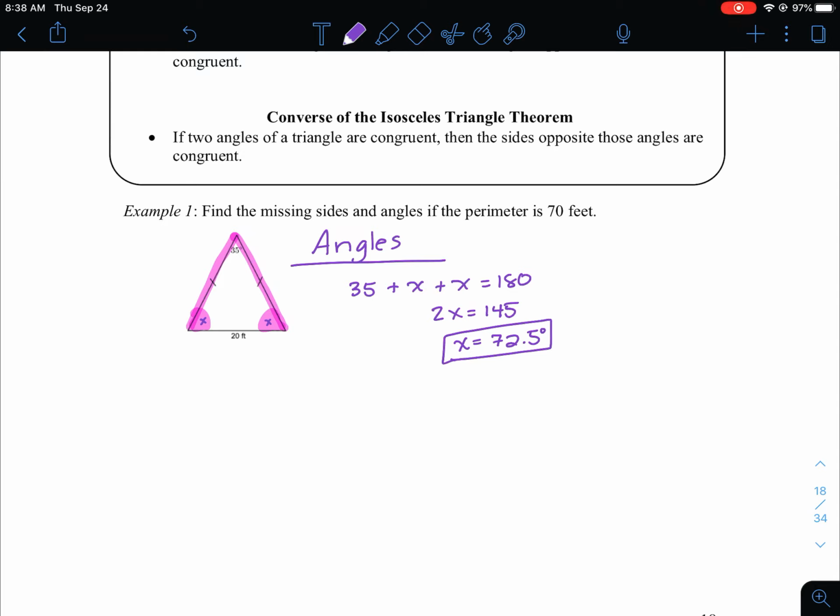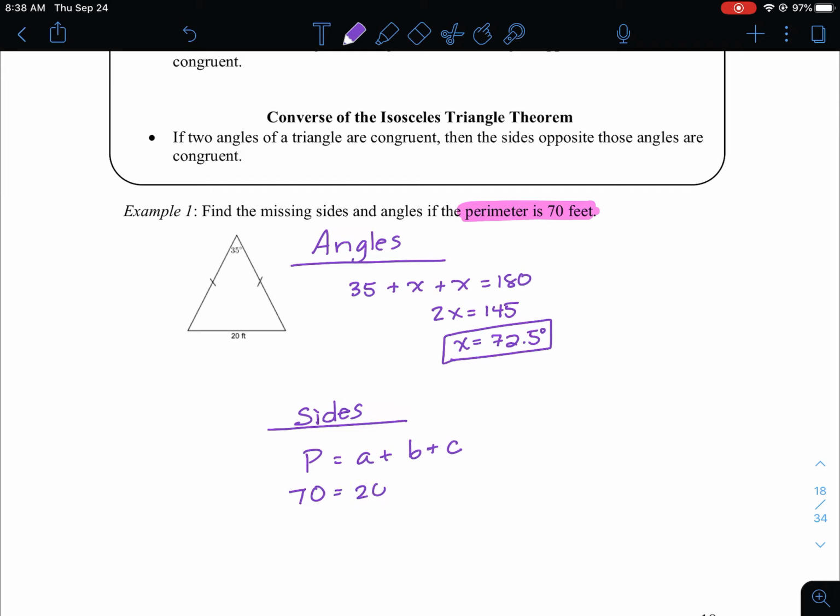So we found our angles. Now we have to go through and try to find our sides. The hint they gave me is that the perimeter is 70 feet. Perimeter is where we add up all the sides, so I'm going to do A plus B plus C. They told me the perimeter is 70.